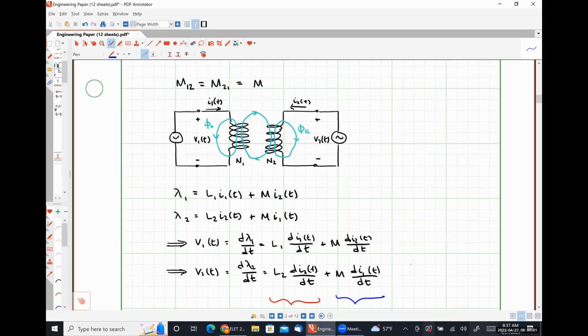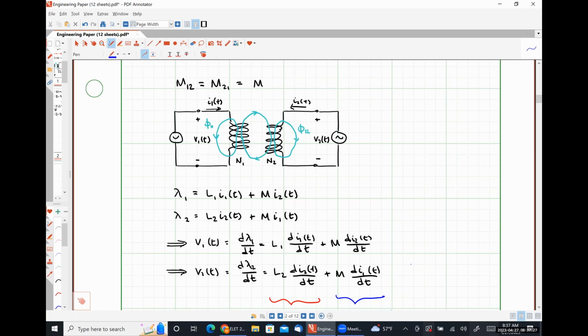How do you guys feel? Conceptually, does anything seem off? I'm not trying to trick you. I'm genuinely asking a question. Yes. So L is the value of the inductance, right? Measured in henries.